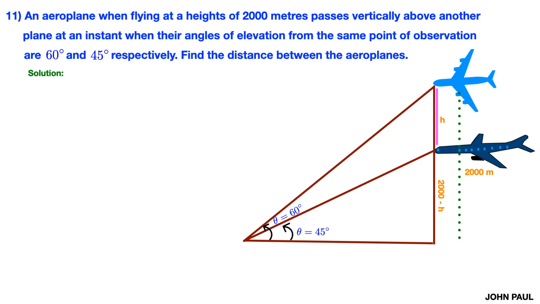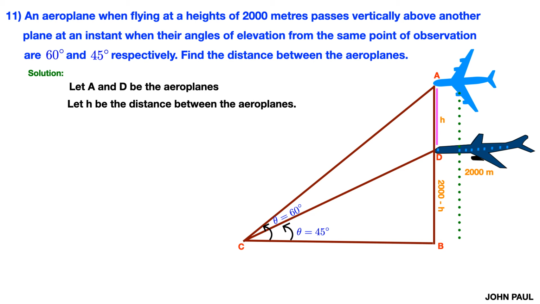It is given that the total height is 2000, so the other aeroplane is at 2000 minus h. By the given information, let us mark A and D as the aeroplanes. Let h be the distance between them.